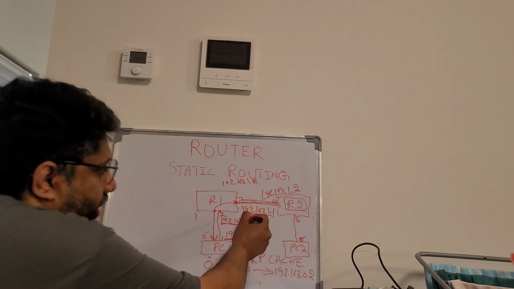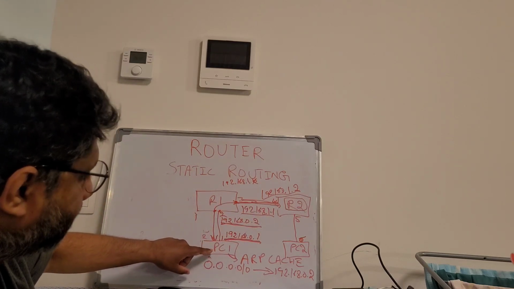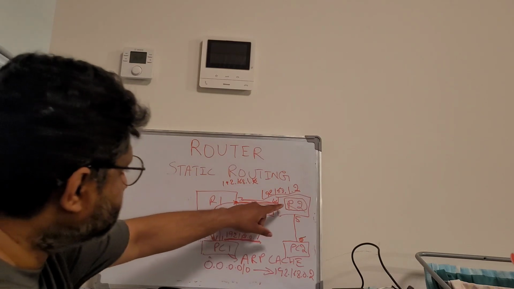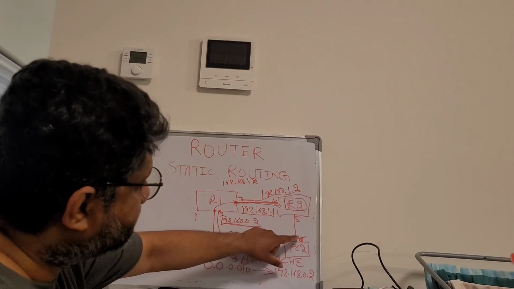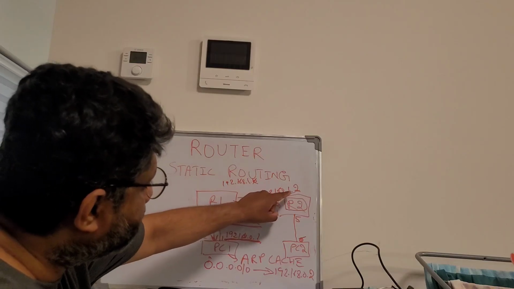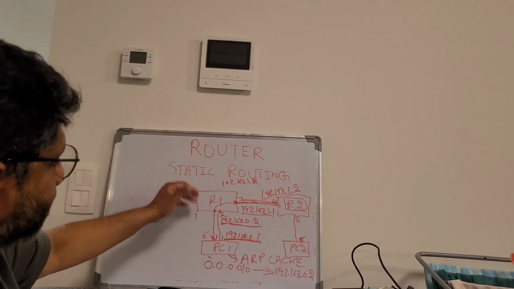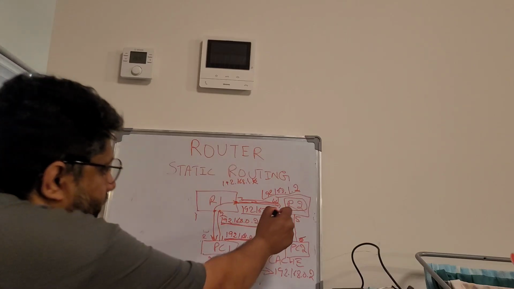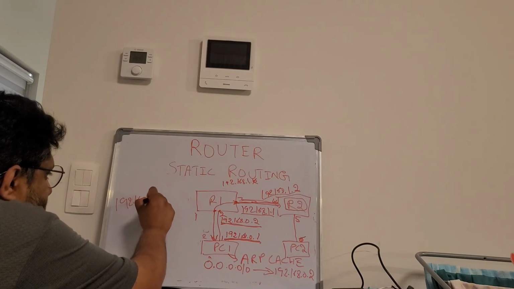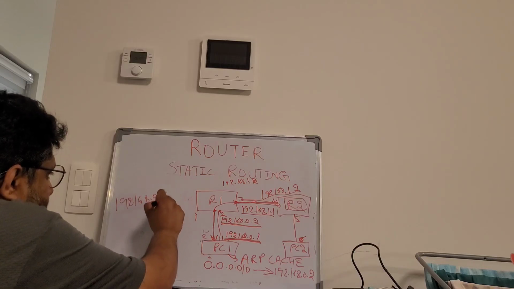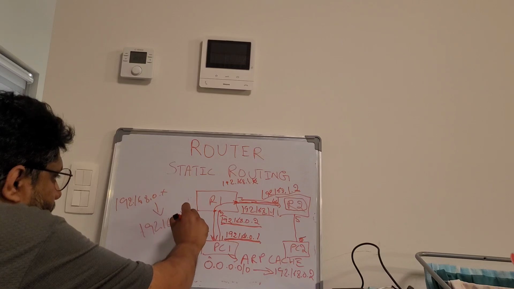Now when it starts replying, it doesn't have any route for PC1, because on interface 5 no IP address is defined yet, and 4 has 192.168.1.2. It doesn't have any entry to reach PC1. So here we need to add a static route saying to reach 192.168.0.x, go to 192.168.1.1.